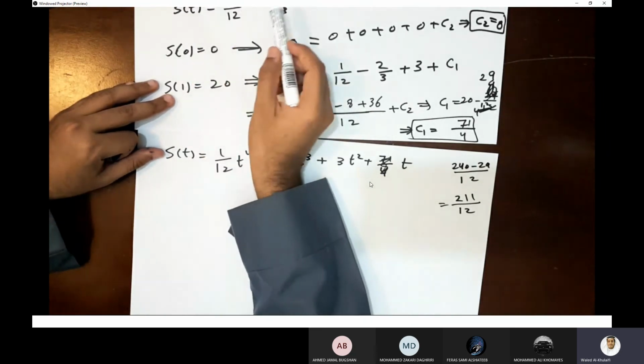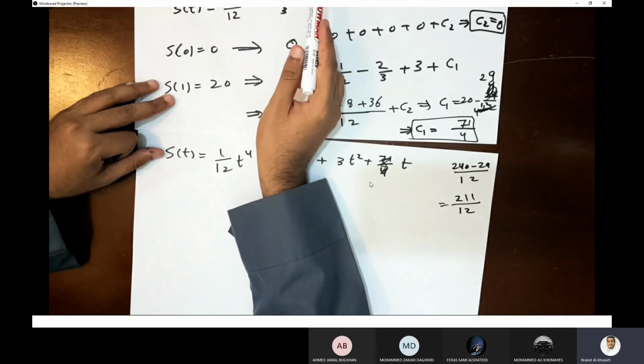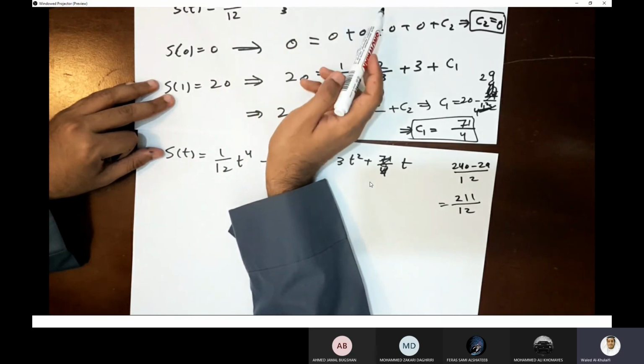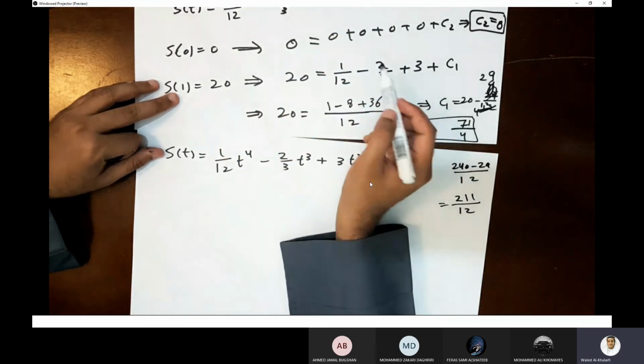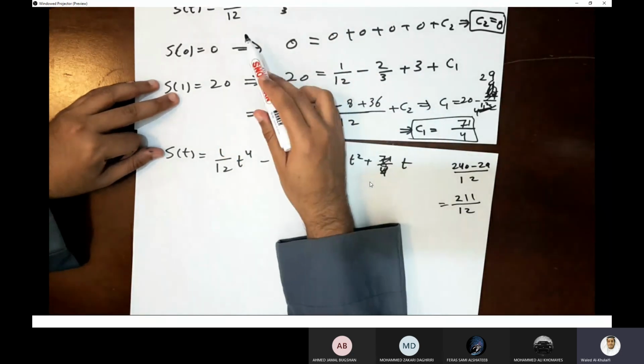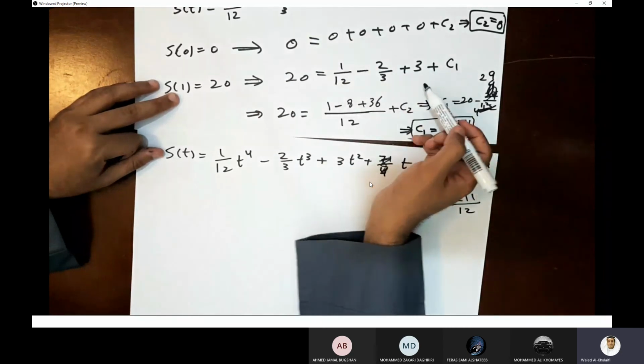T to the 4 over 4, t cubed over 3 minus 2 over 3, the t square over 2 times 3, c1t, yes. So s of 1, so I substitute 1. So 1 over 12 minus 2 over 3, 3, c1, yes, very good.